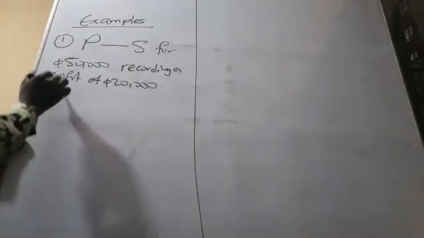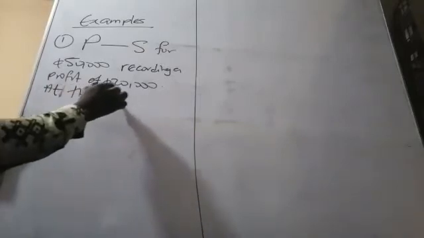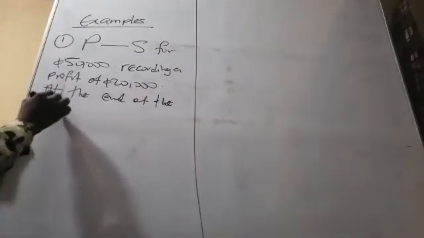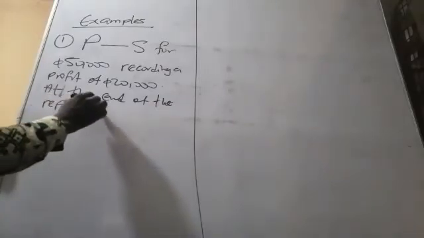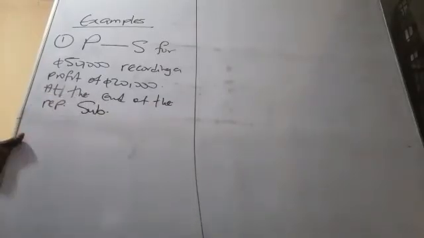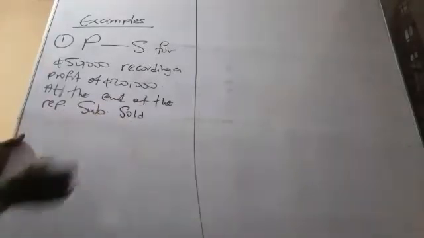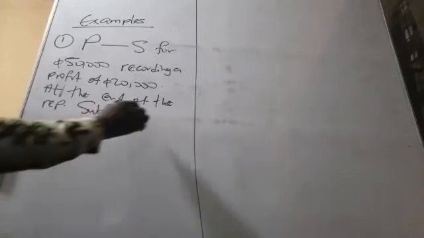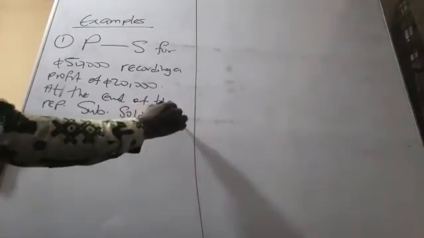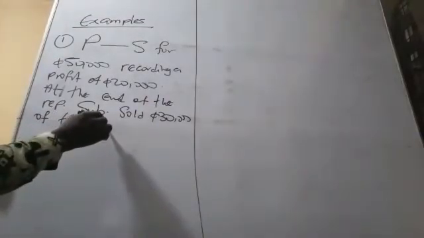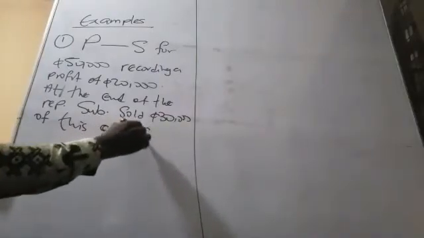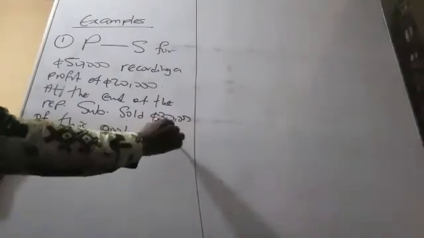At the end of the reporting period, or reporting date, the subsidiary sold 30,000 of these goods for 45,000. Full stop. I am done.